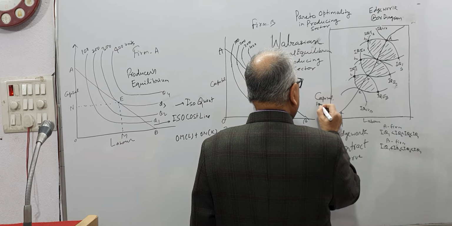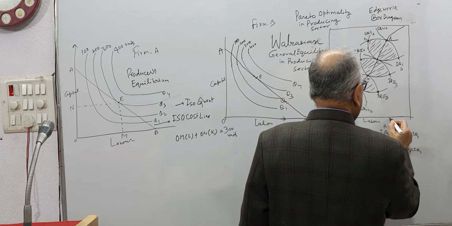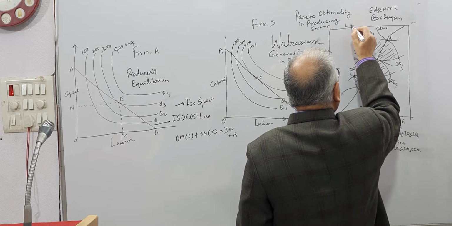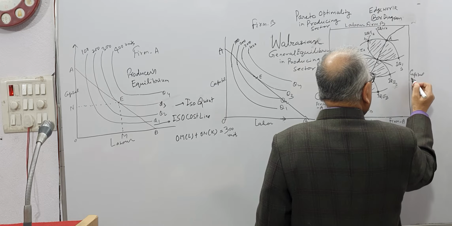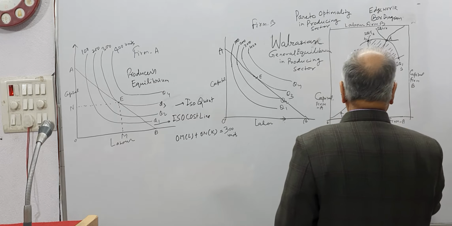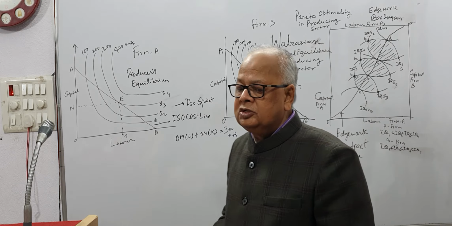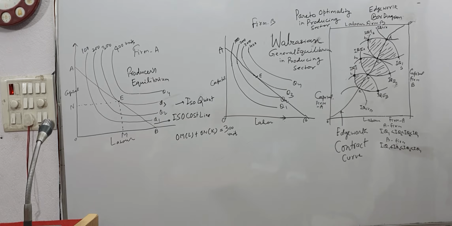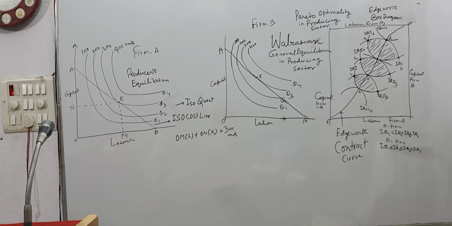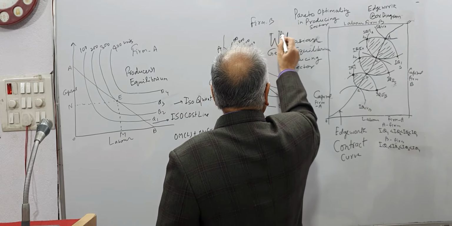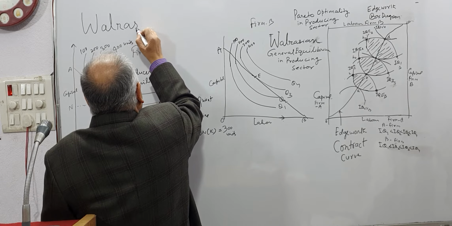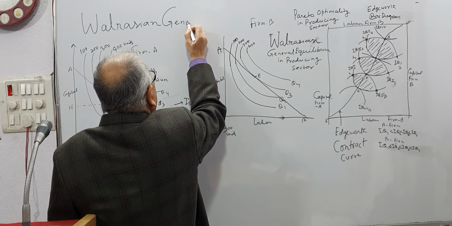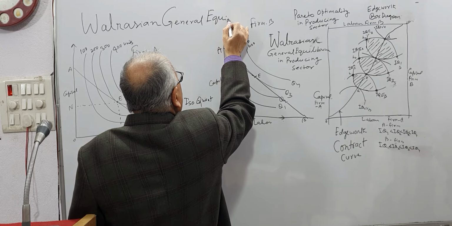Labor and capital of firm A. This is labor of firm B, this is capital of firm B. So what we see is that labor and capital both are related to firm A and firm B, and the whole system is known as Walrasian general equilibrium.